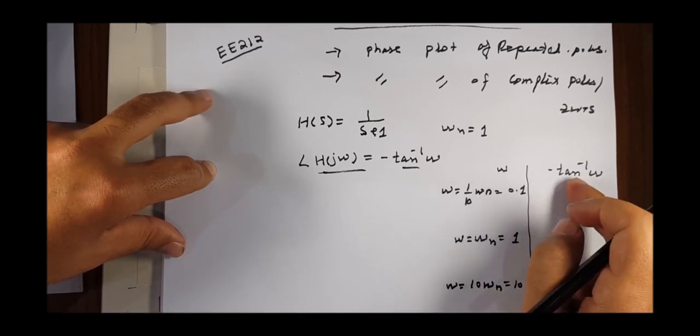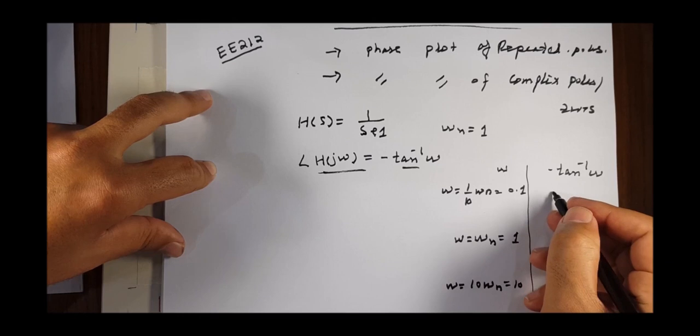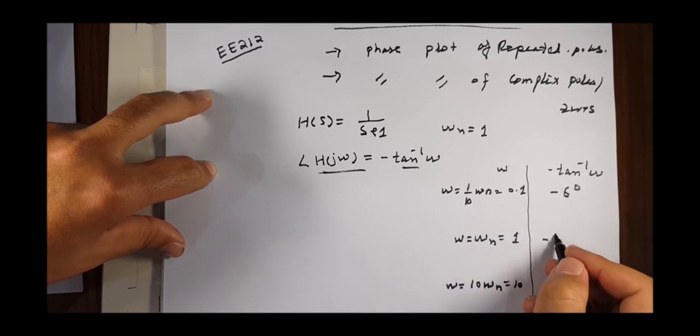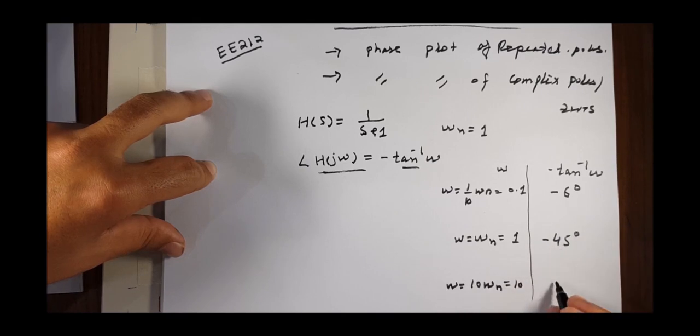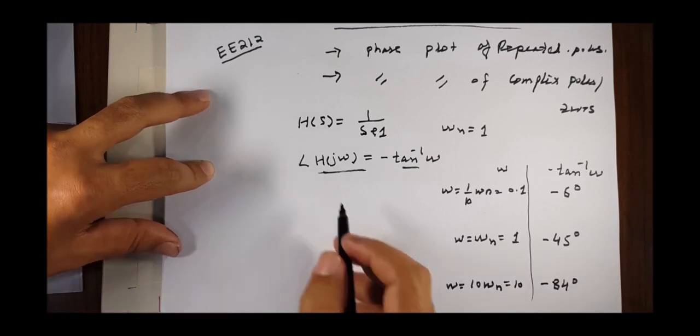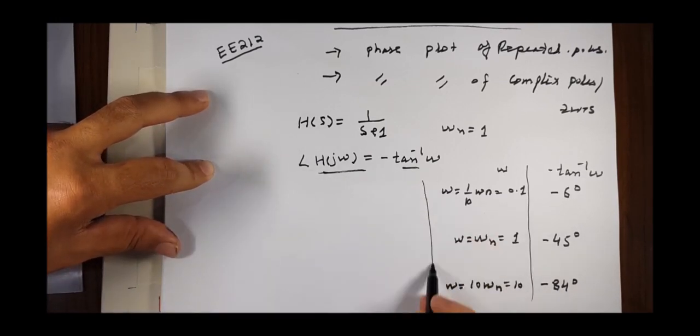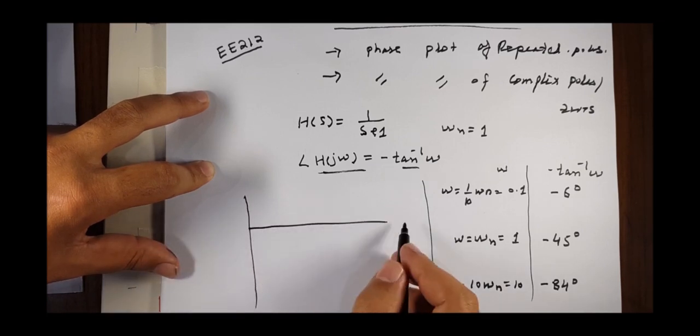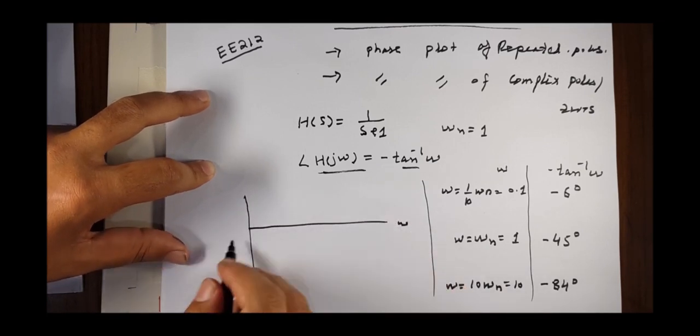And we know that tan inverse of 0.1 was minus 6 degrees, this was minus 45 degrees, and this was minus 84 degrees.